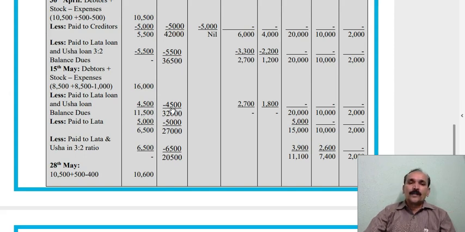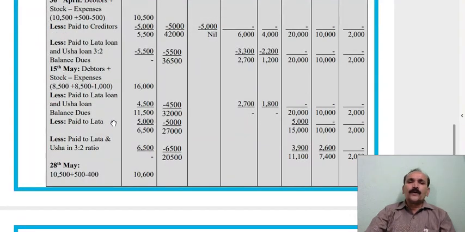Deduct 4,500 from total claim, balance due 32,000. And deduct 2,700 from Lata's loan and 1,800 from Usha's loan. Lata's loan 2,700 and Usha's loan 1,800.